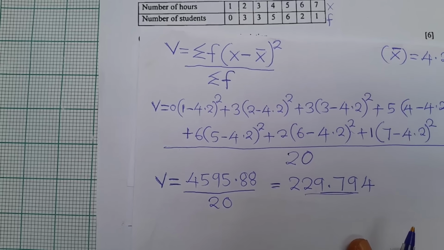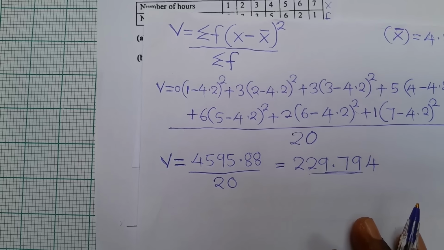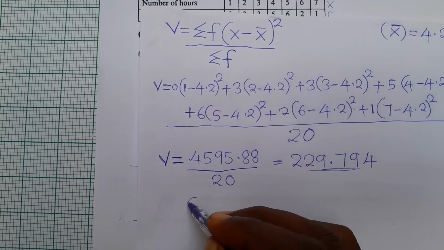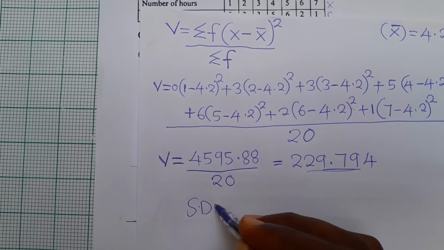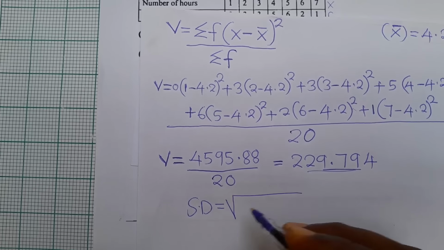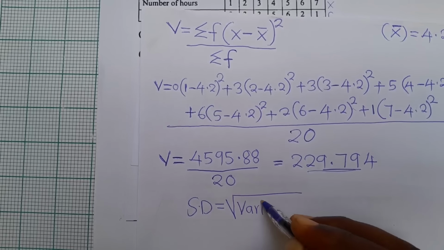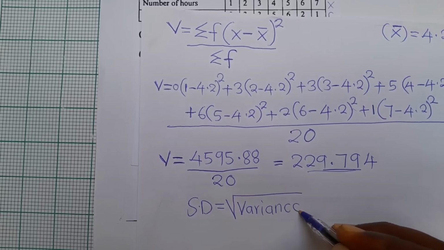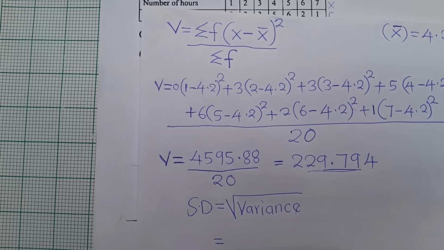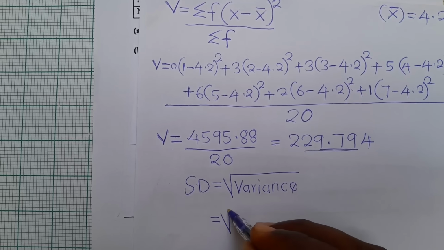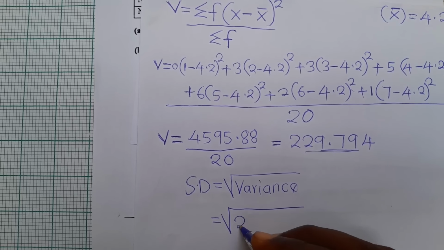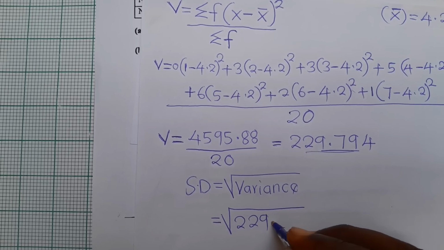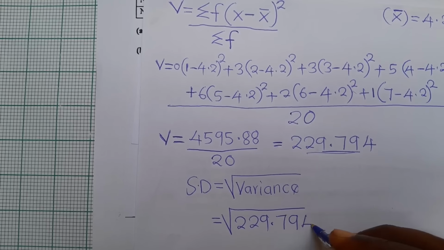After I find the variance, I can now find the standard deviation, which is given by the formula square root of the variance. The answer for the variance is 229.794.